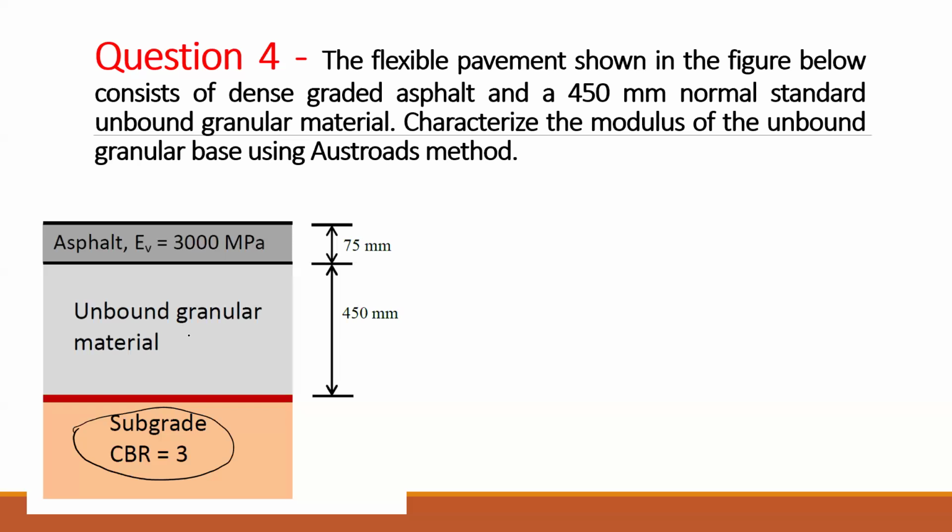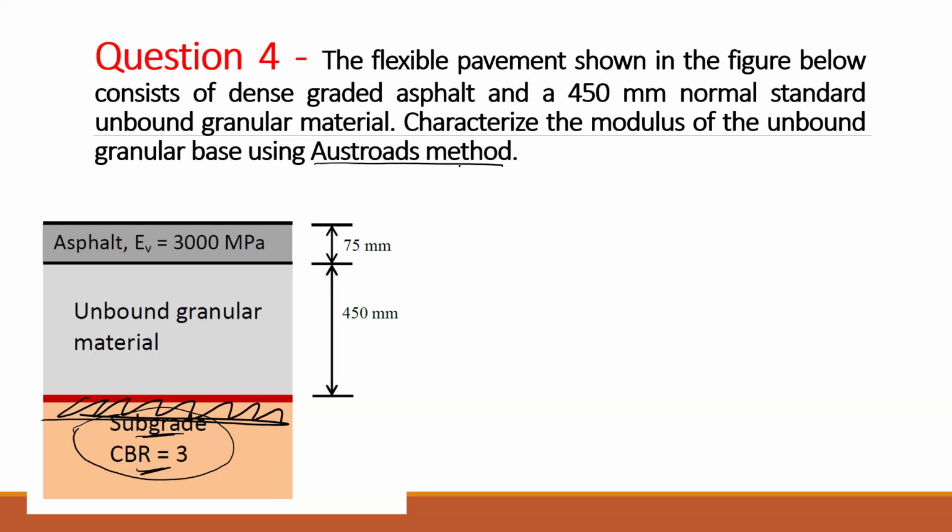Cemented means aggregates are bonded together, so unbound means they are not bonded, just compacted aggregates staying together. If it is just on top of the subgrade, we follow this Austroads method to find the modulus. If we have another cemented layer there, we are not following this sublayering procedure. Does that make sense?